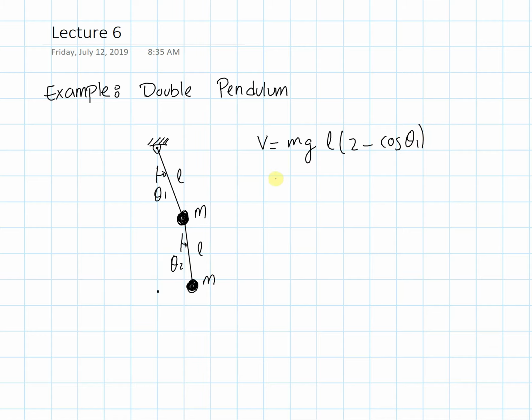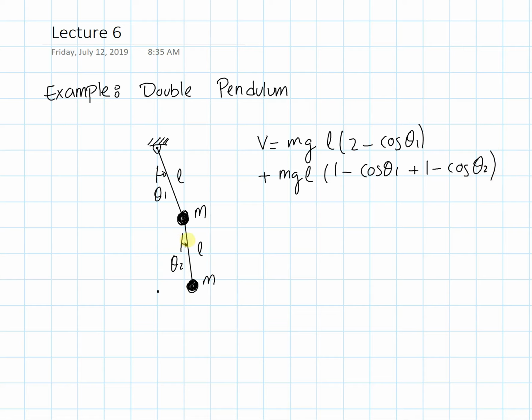Then I have a plus, so energy is added. And then I have MGL, and for the second term I have 1 minus cosine theta 1 plus 1 minus cosine theta 2, and that's what I'll have.